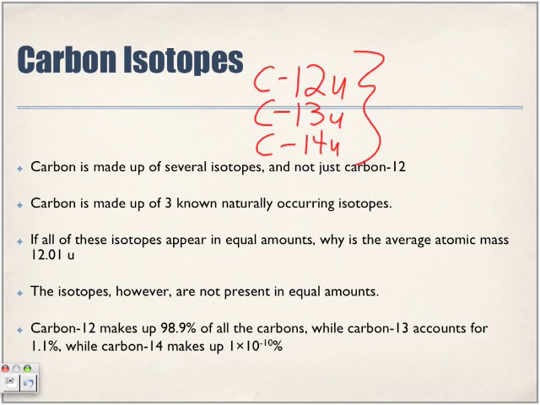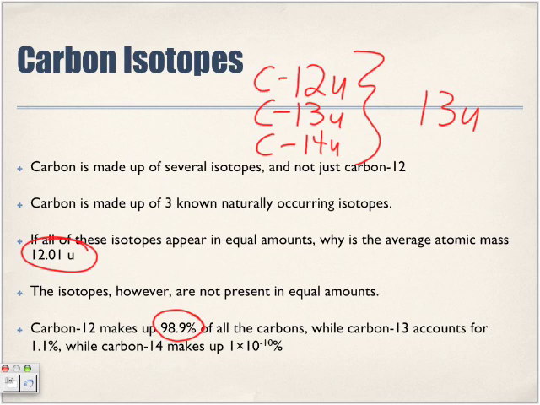But look at what the actual average atomic mass is, which means carbon-12 makes up pretty much the majority of all the carbons found in any type of compound. The other isotopes are rarely found in the different types of compounds.